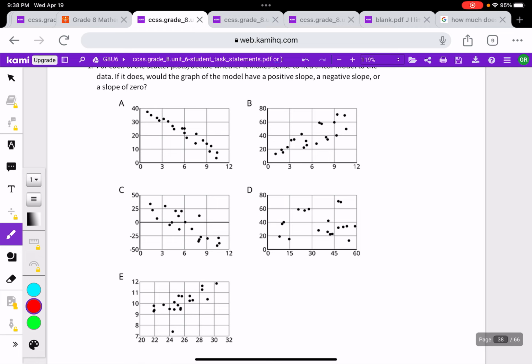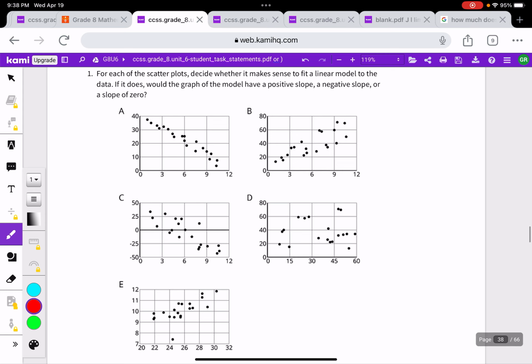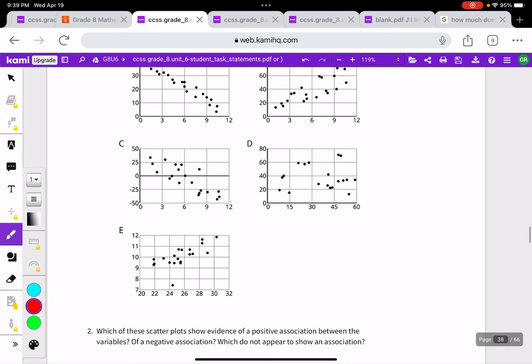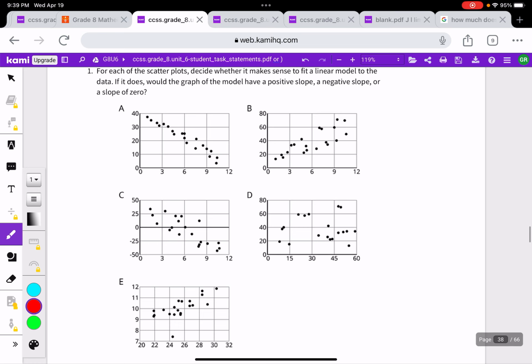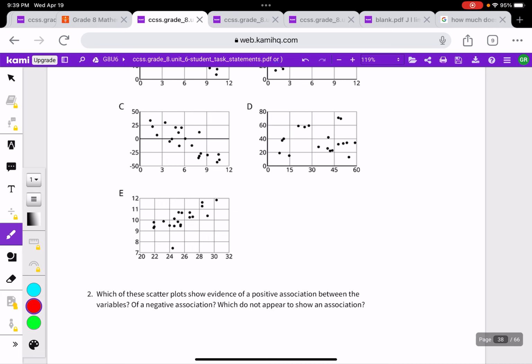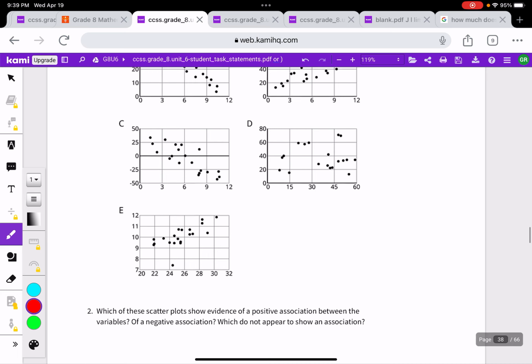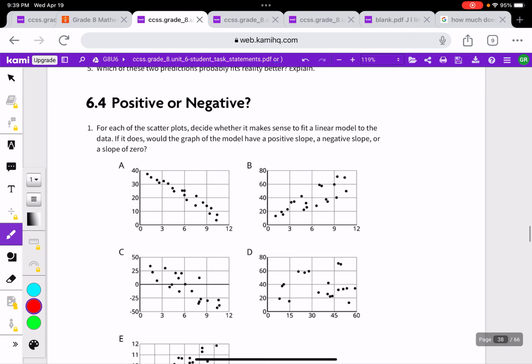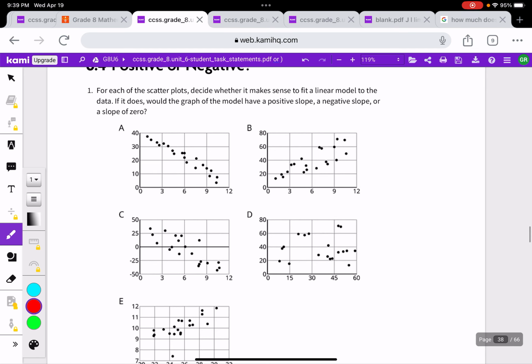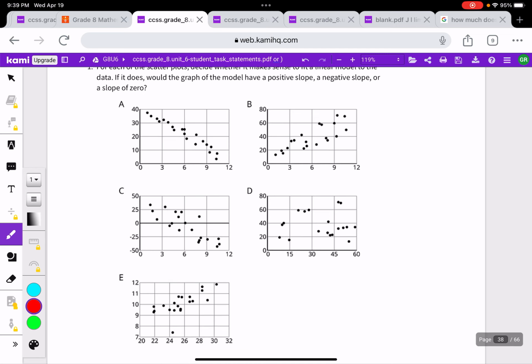So for one, you can draw a line if you'd like. That helps you see if it's positive. For A, yeah, I see that. For B, yeah. C, yeah. E, yeah. D, I don't know what's going on with D. So go ahead and for each one, decide if it has a positive, a negative, or a slope of 0, which would mean it's going straight across.